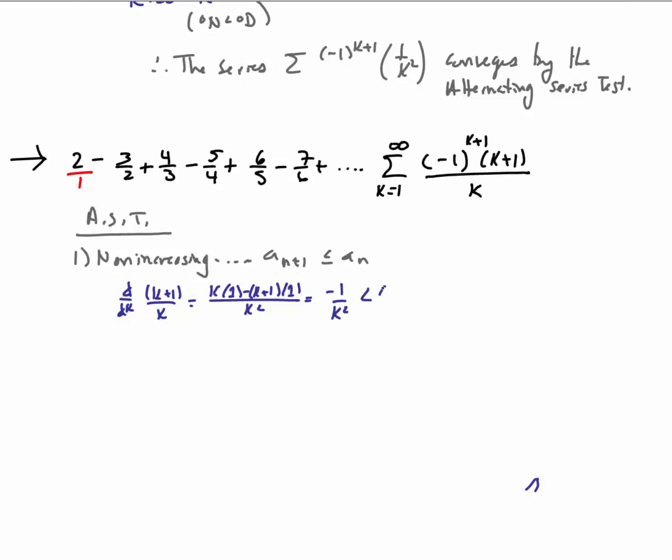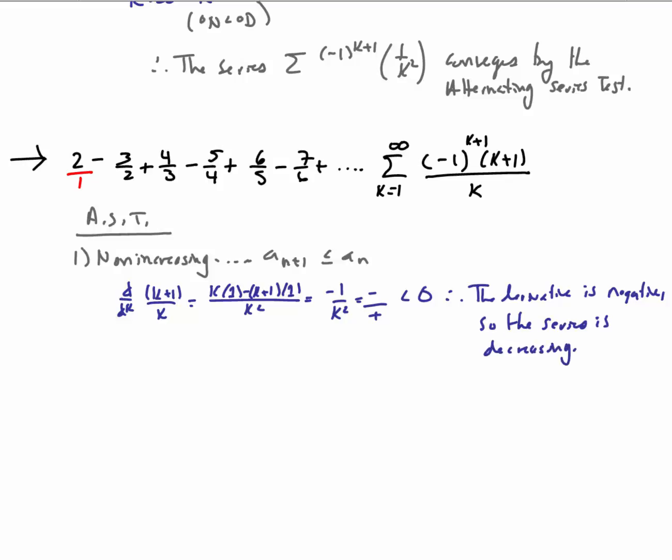Well, this is definitely less than 0 because I have a negative over a positive. Therefore, the derivative is negative. So the series is decreasing.